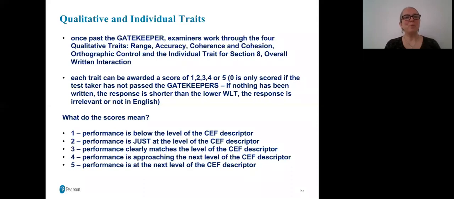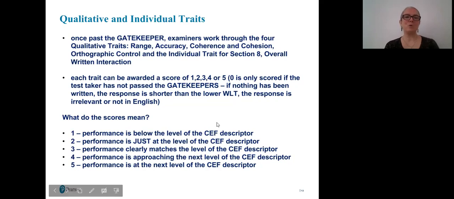So once we've passed the gatekeeper, examiners will work through the 4 qualitative traits that we discussed earlier. So these are range, accuracy, coherence and cohesion, orthographic control, and then the individual trait for section 8, which is overall written interaction.